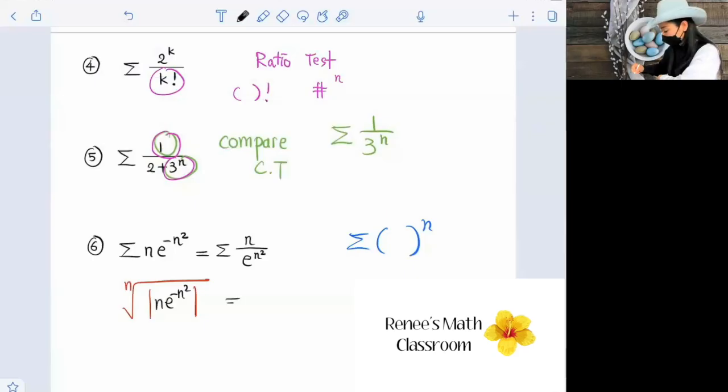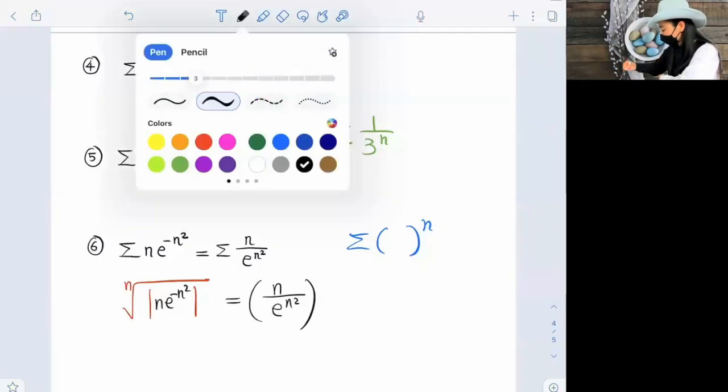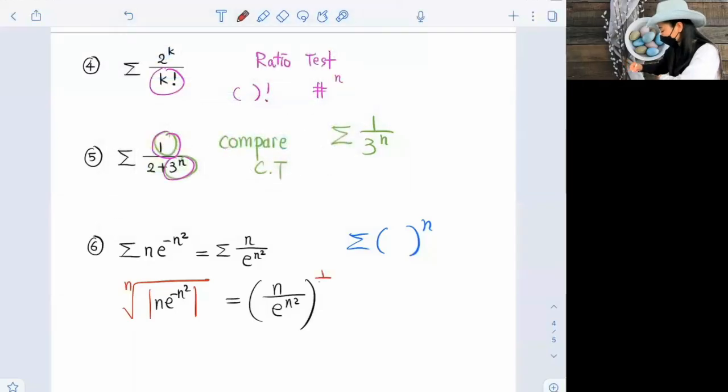What is it equal to? Let's write it in this form: this is n over e to the n squared, and then raised to the n power. Taking the n-th root is the same as raising to the 1 over n.